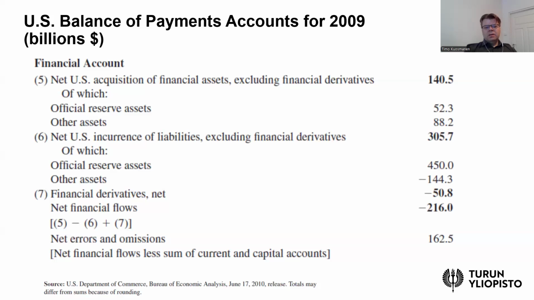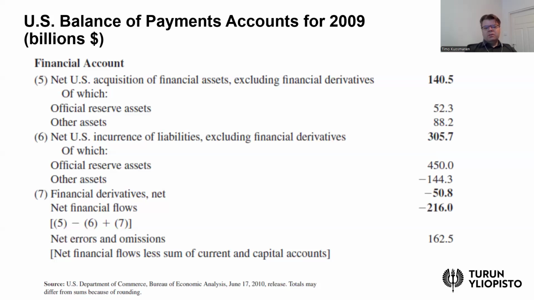Then item number 6 is the net US incurrence of liabilities. This is foreign individuals or companies or foreign central banks holding US assets. Notice here in item number 6, the official reserve assets in the USA held by foreign central banks are fairly sizable, 450 billion US dollars.